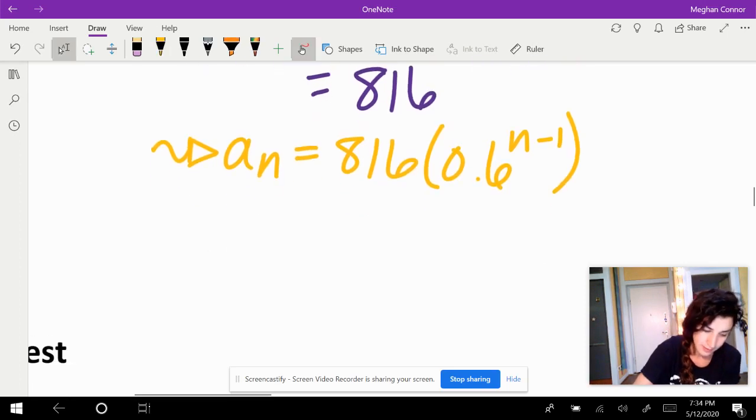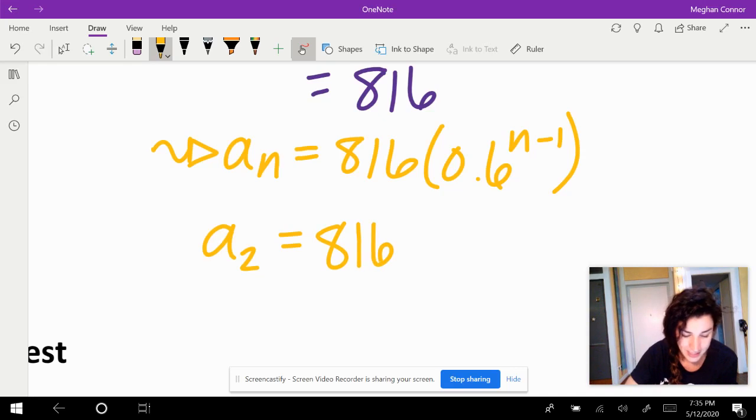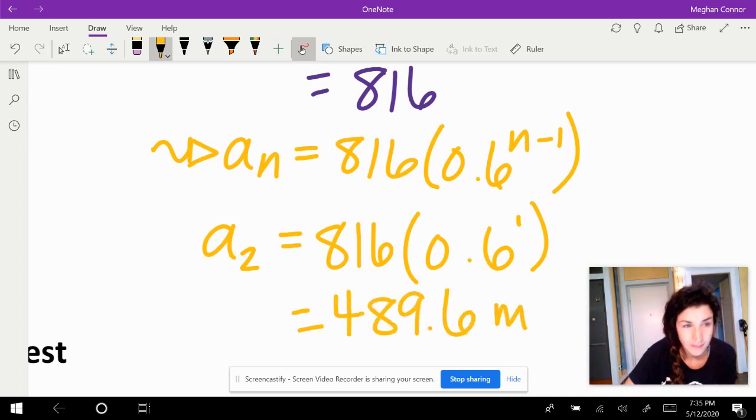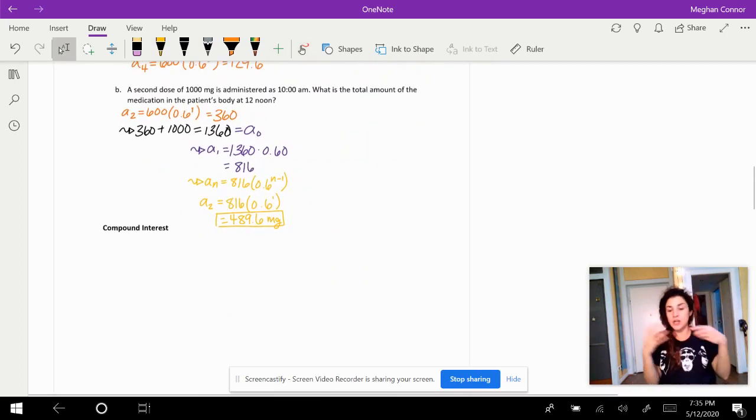So then A sub 2, which you could take 816 and multiply by 0.6, but since we're practicing using formulas, here we go. 816 times 0.6 to the first power, which is 489.6 milligrams. The same answer that your book got, but just in a different way. You have to restart the depreciation or the degeneration process when a new amount of the drug has been administered. So there you go.